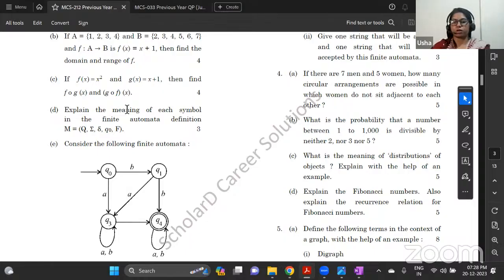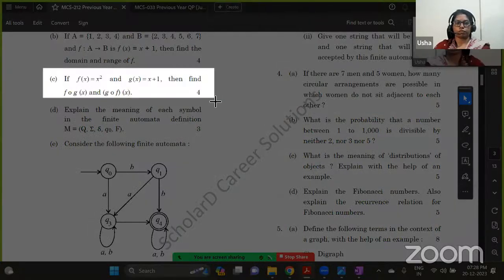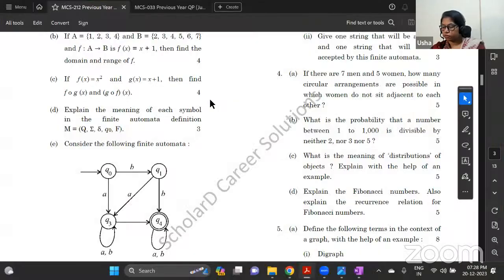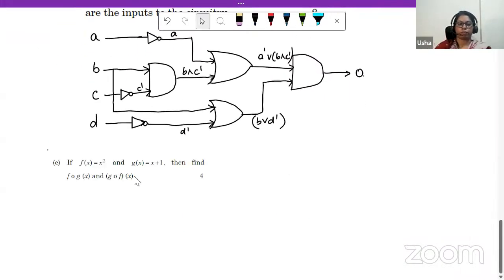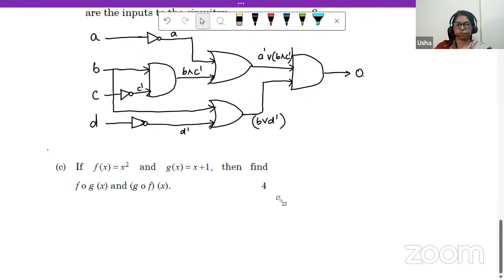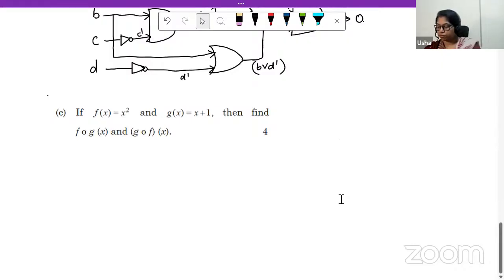This f of x whole square, is this what you're asking? This comes under functions. December 2022. This one, does everybody know?